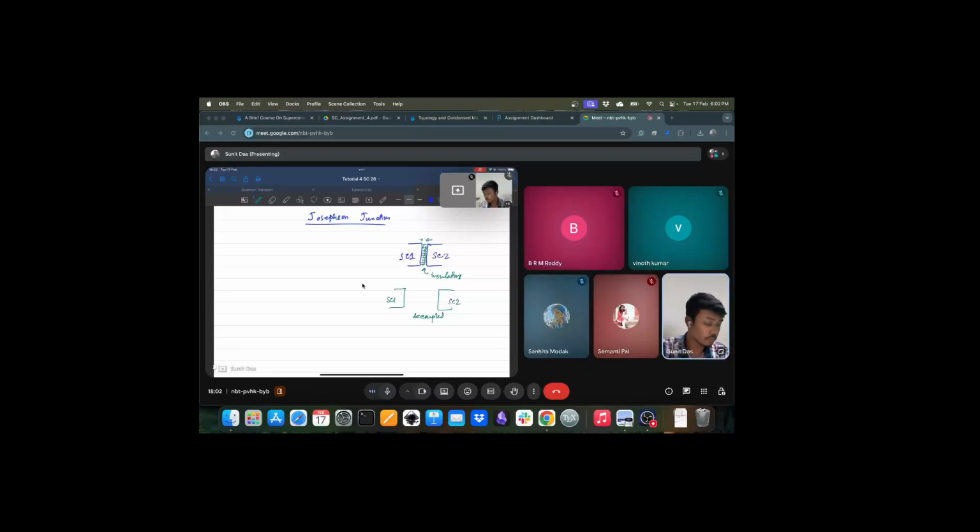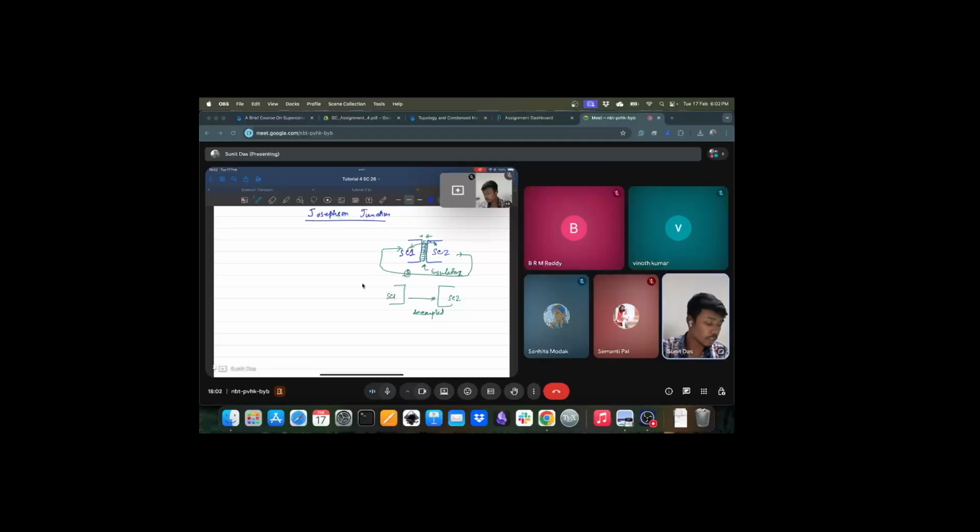So we have a Josephson junction when the two superconductors are connected by a very thin layer of insulator or normal metal, so that there is a connection between these two. Okay, and if you apply, let's say, voltage here, then the current can go from one region to another region.